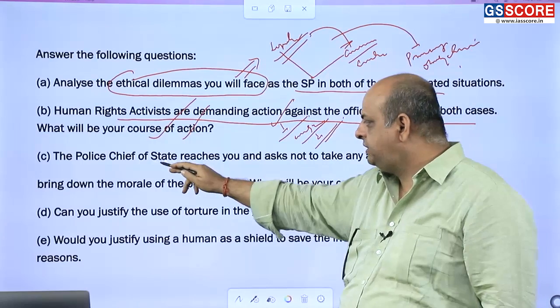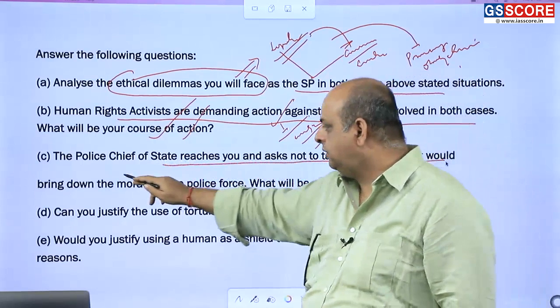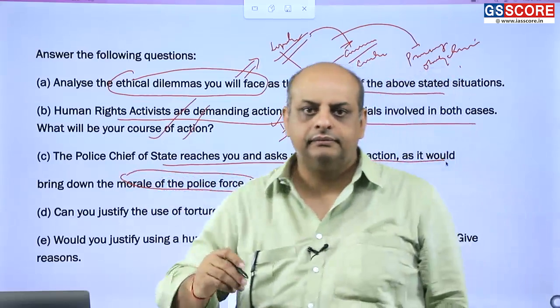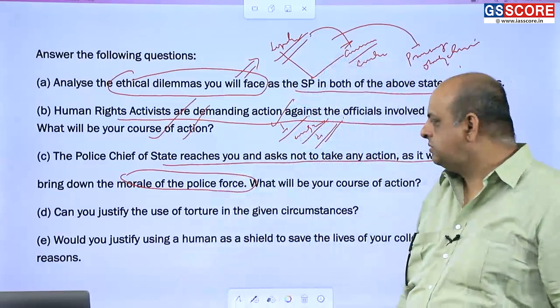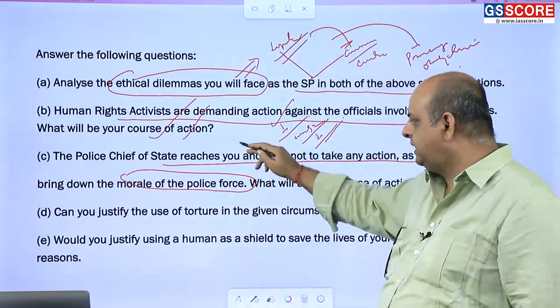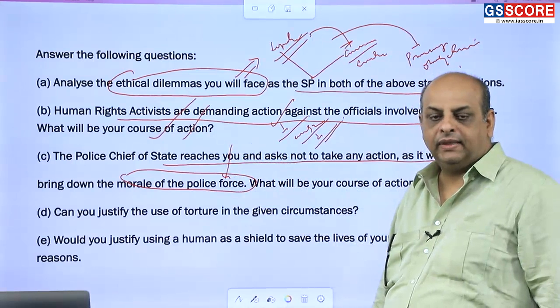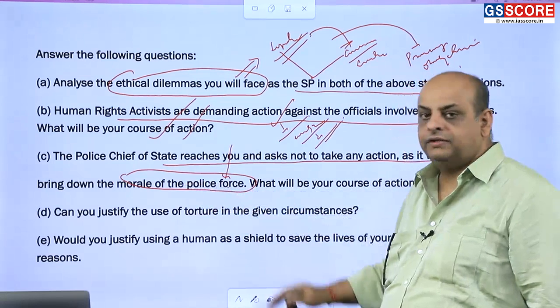Number 3, the police chief of the state reaches you and asks you not to take any action, as it would bring down the morale of the police. See, again, conflict of responsibility. Clearly one senior says that don't do it because it is not intentional, and if you do anything, it will bring down the morale of the police force.